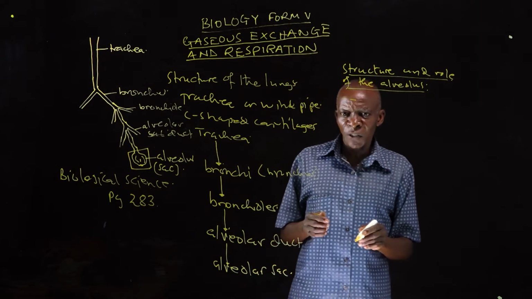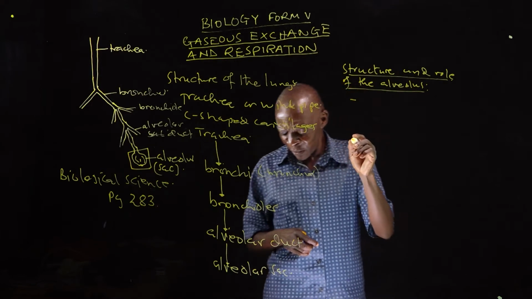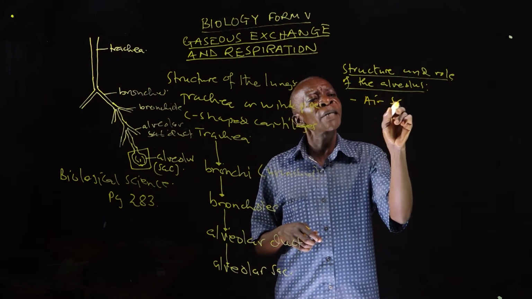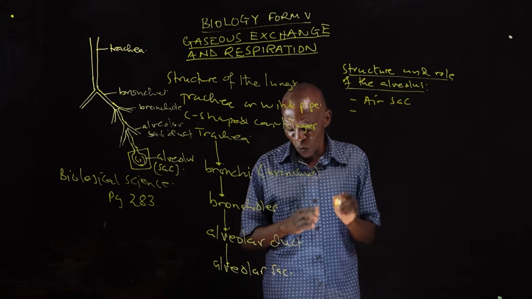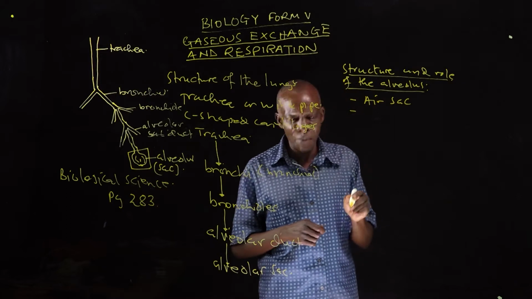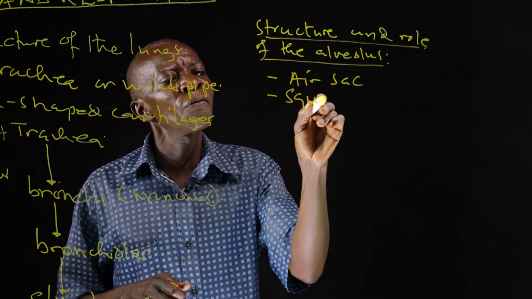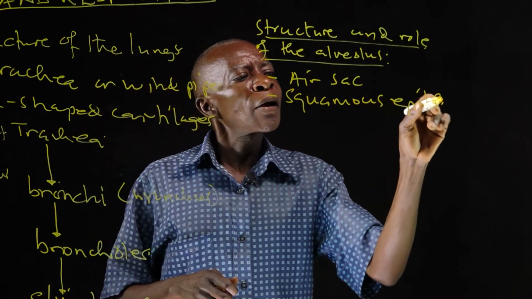Well, the alveolus is simply an air sac whose walls are made up of squamous epithelial tissue.